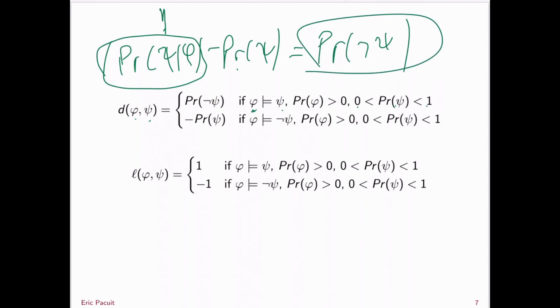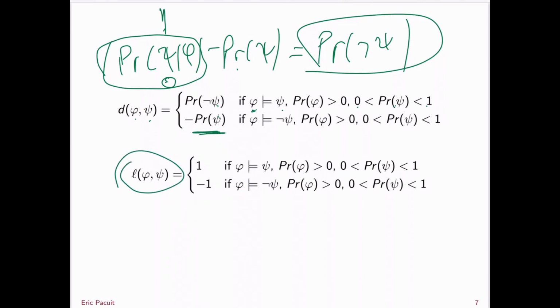You can do a similar calculation that if phi implies not psi is deductively valid, that means every row in the truth table in which phi is true, psi is in fact false. So that means the probability of psi given phi is going to be 0. So the difference between phi and psi is going to be minus the probability of psi, negative probability of psi. And these are not necessarily going to be maximal, because this doesn't have to be 1 or minus 1.